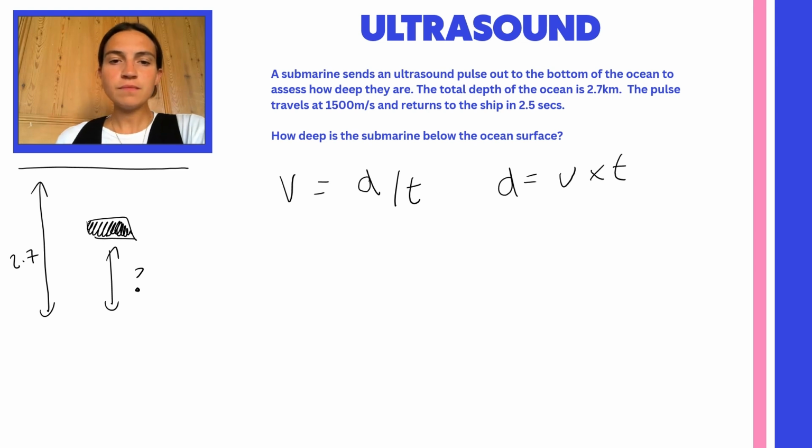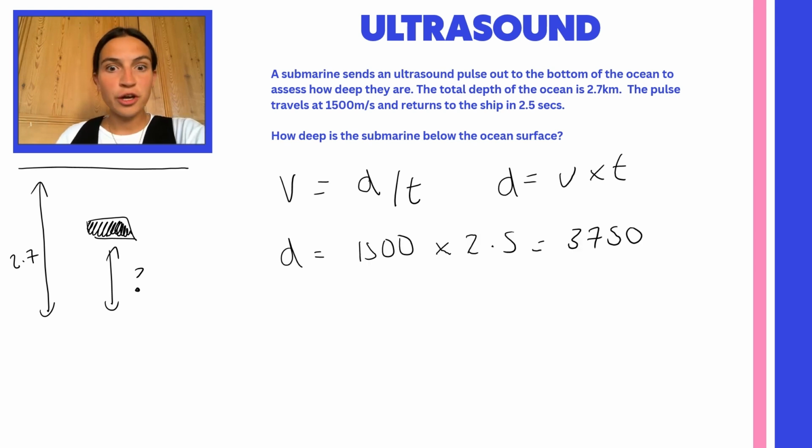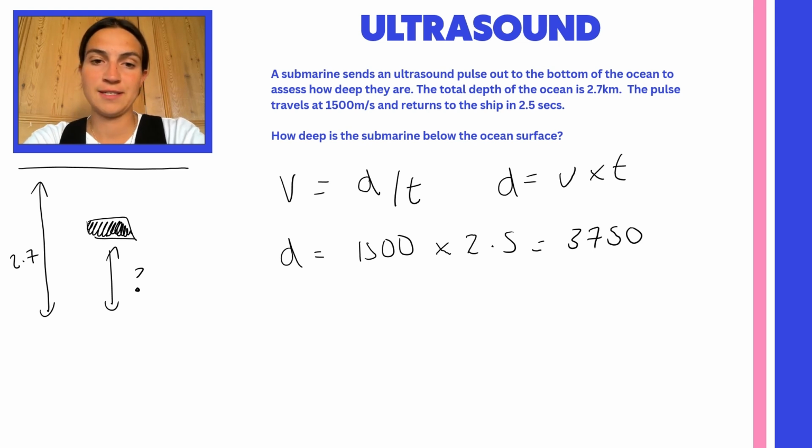Okay. It's given me my speed as 1,500 meters per second, and it's given me the total time to send the pulse there and back as 2.5 seconds. So the total distance that the pulse travels is that speed multiplied by the time, 3,750 meters.